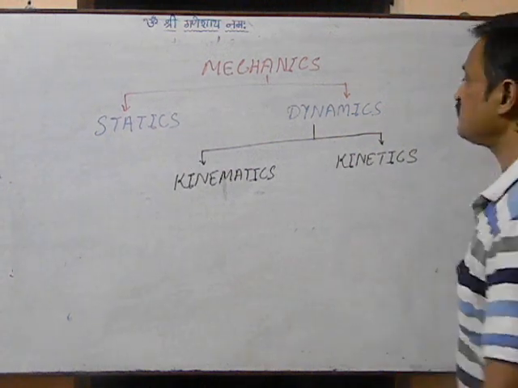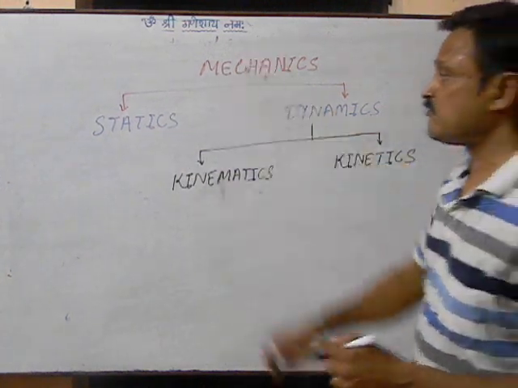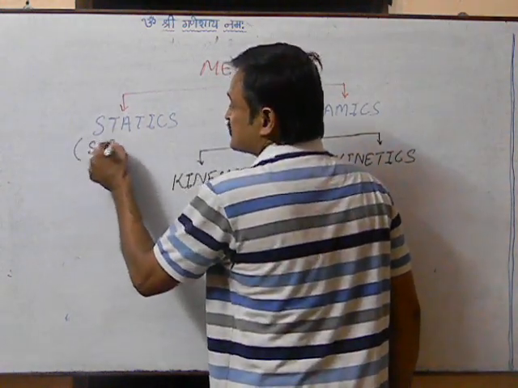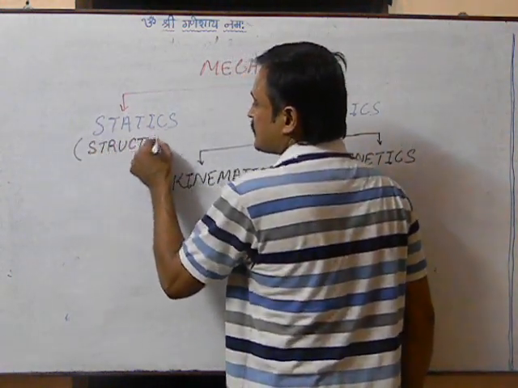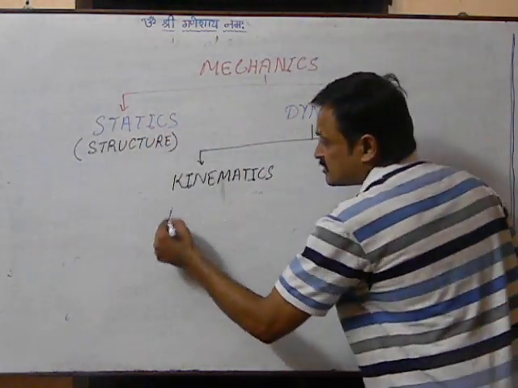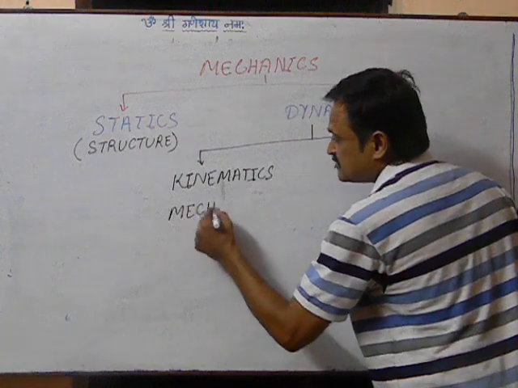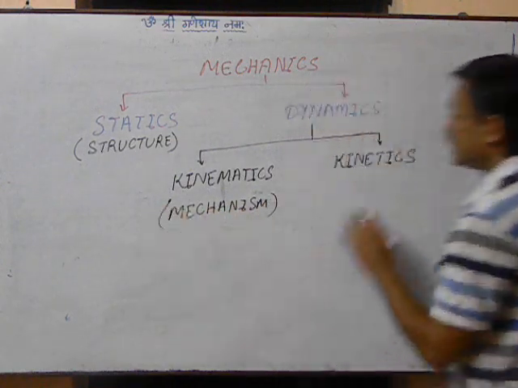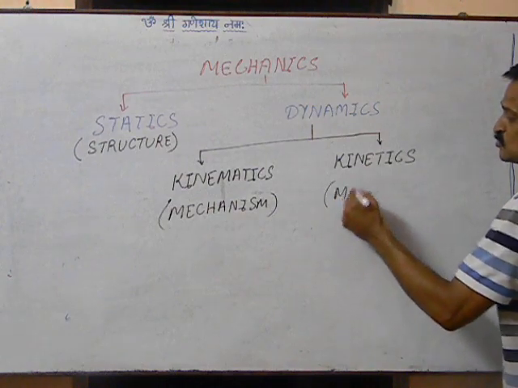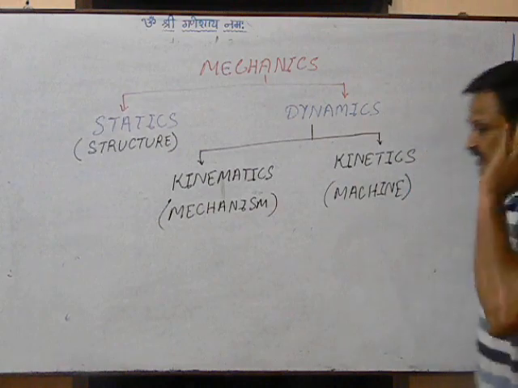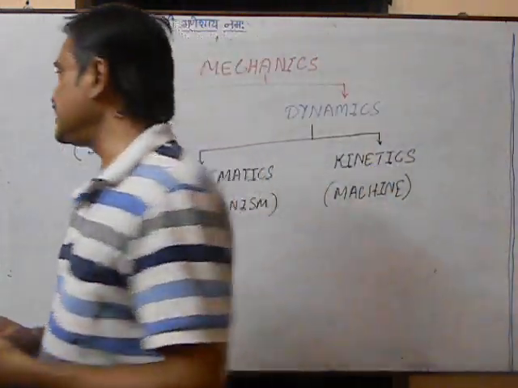So now if you want to establish the analogy of what we have studied, statics is to structures, kinematics is to mechanism, and kinetics is to machine. Just try to understand the intentions.